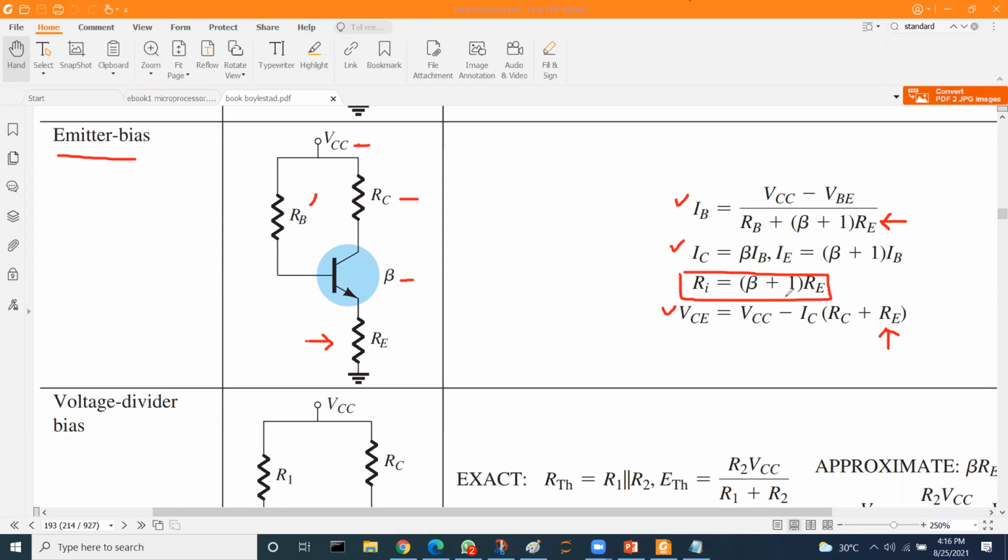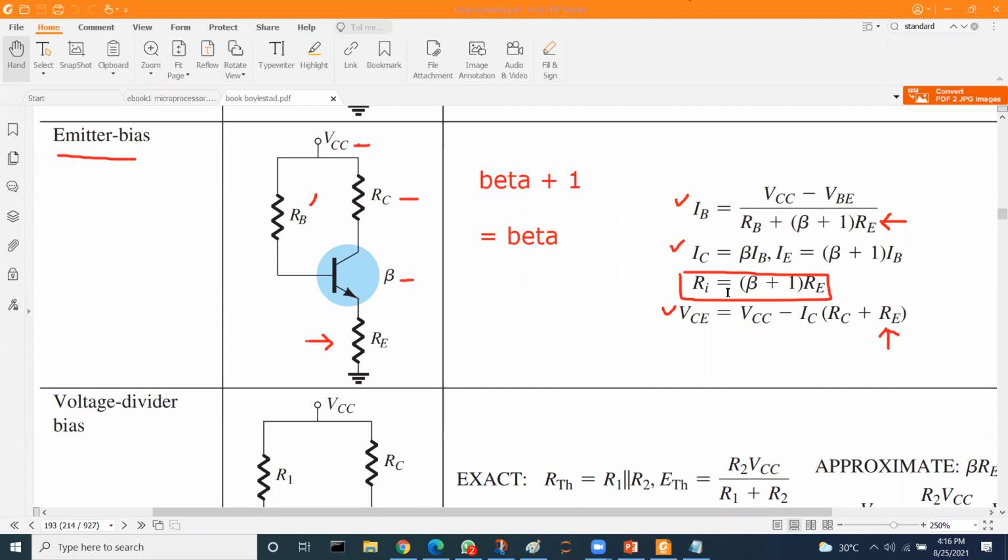And as we know, beta plus 1 is approximately equal to beta for most of the configurations.